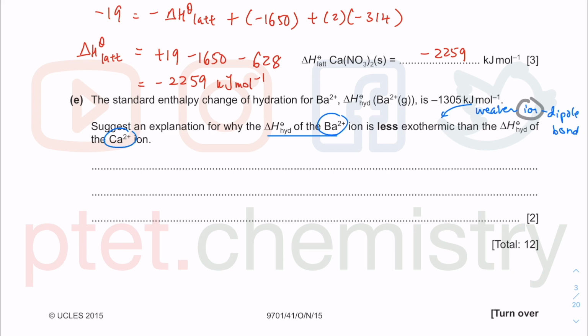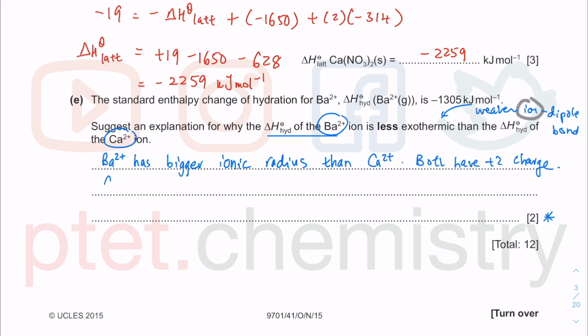So what we can say, for 2 marks, first of all, is Ba2+ has a bigger ionic radius, or is much bigger, compared to Ca2+. But then we must also talk about the size. So a bigger ionic radius than Ca2+. So that's the size. Both have +2 charge.